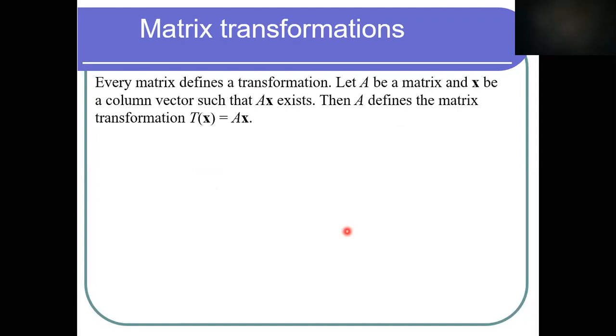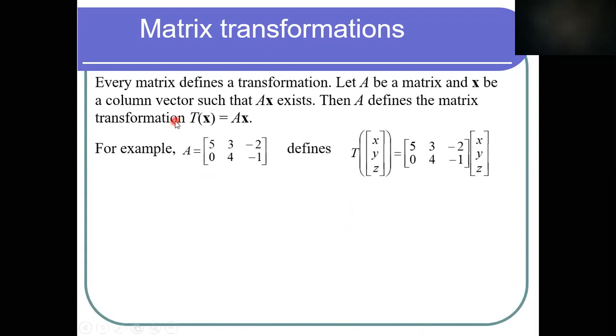Let A be a matrix such that A times x exists, then A defines the matrix of the transformation, T of x equals A x. Let us take one transformation from R3 to R2, which means it takes three-tuples and maps them to two-tuples. In that case, we can take A of order 2 cross 3.